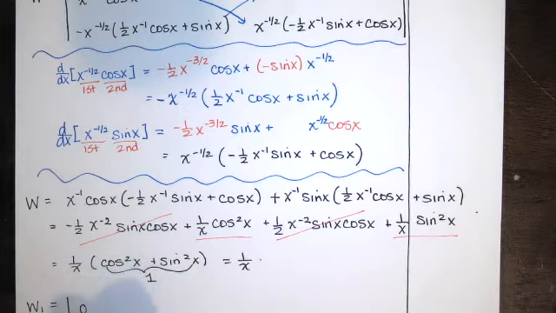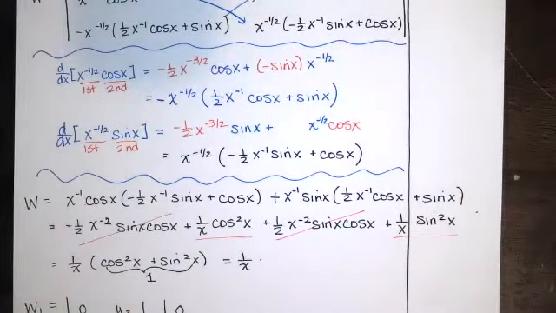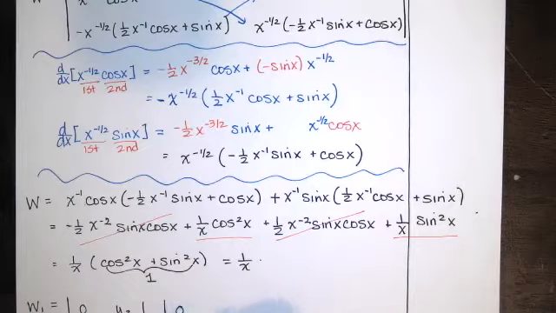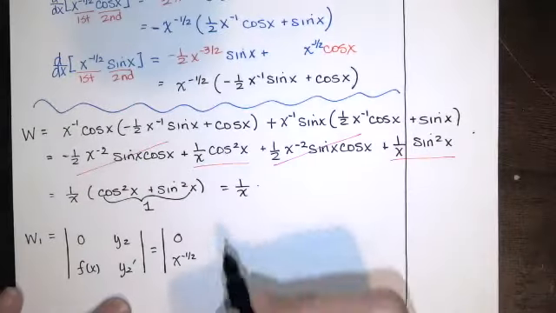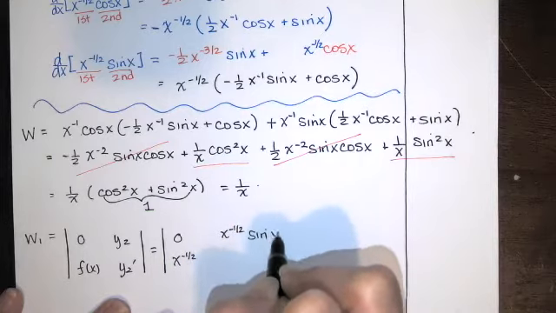looks just like W, but we replace the first column with 0 and f of x. And remember, f of x was this x to the negative 1/2. So we have 0, x to the negative 1/2, and over here we have x to the negative 1/2 times sine of x.